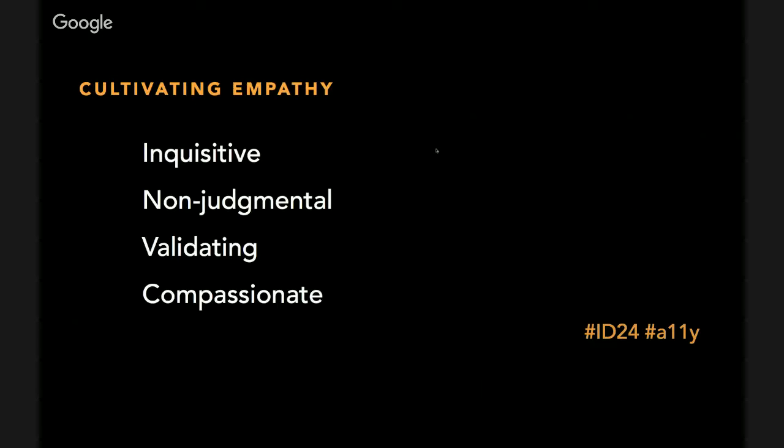And that plays into being compassionate as well. So those are the tools that I use to help teams cultivate empathy and really think about ways to approach inclusive design and making websites accessible.